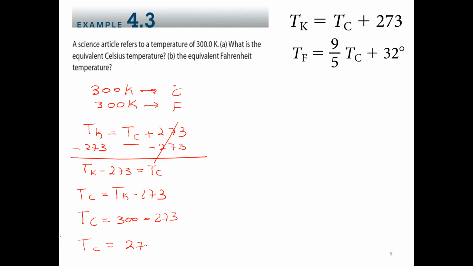And if we want to be careful with the significant digits, we will have 27.0 degrees Celsius.